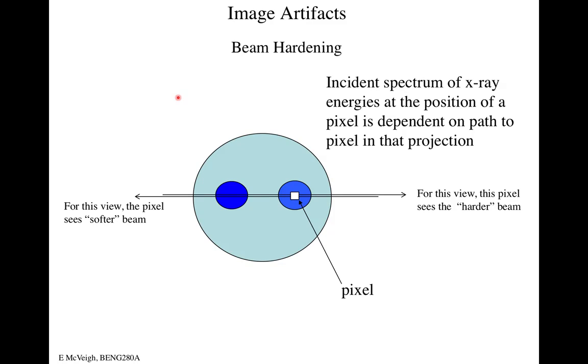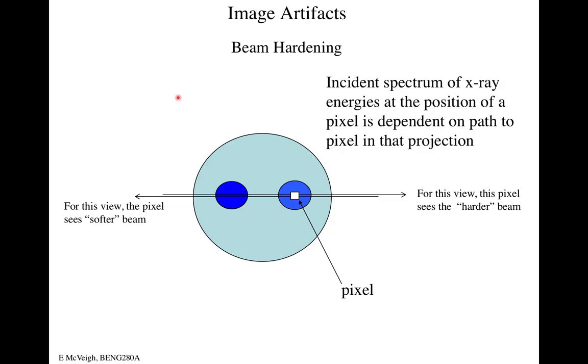The way the patient does that is as the beam proceeds through the patient, lower energy photons have a higher probability of being absorbed per unit distance as we go along. And so if I look at my X-ray beam just when I enter the patient, it has a certain energy spectrum. And then 10 centimeters into the patient, the energy spectrum's different.